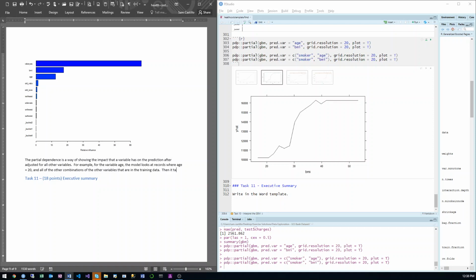Then it takes the average predicted value, and this is the point on the graph where age is equal to 20 and y hat is equal to about 10,000.